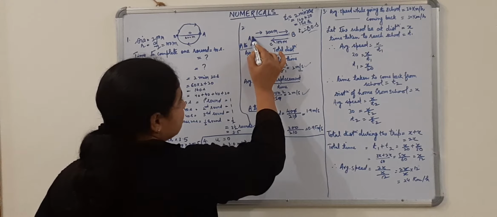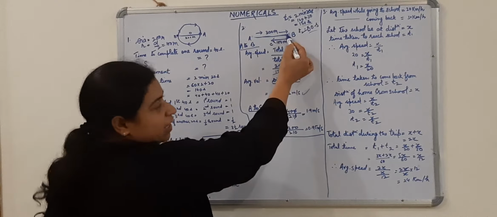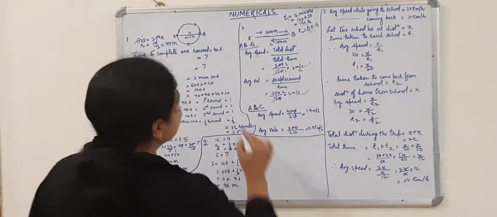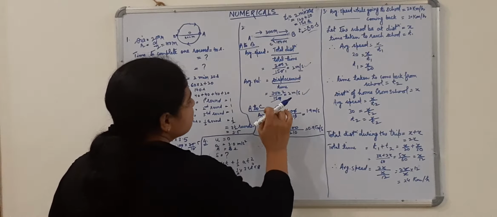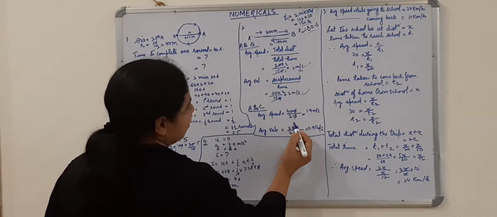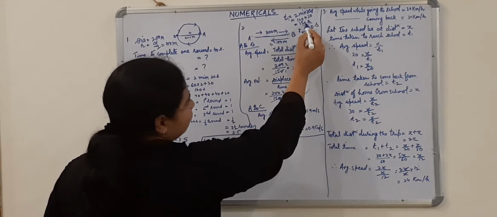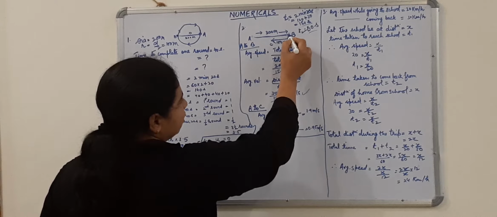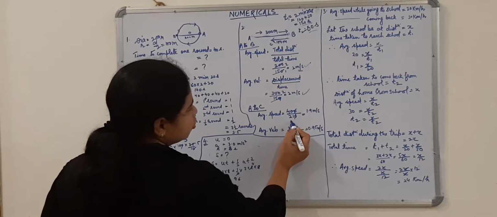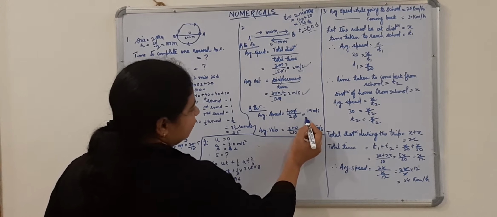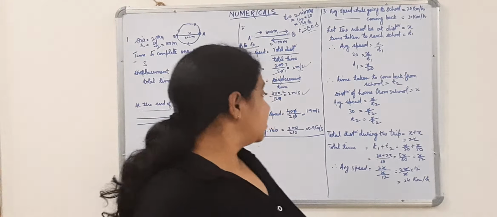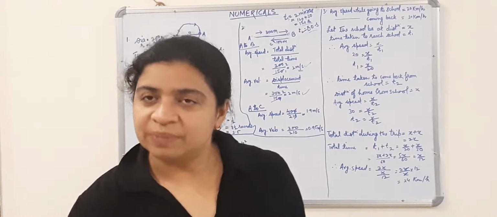It started from A, gone to B, and then started moving back to C. So in this whole exercise, what is the total distance? 300 plus 100, that is 400, and time taken 150 already, and for this 100 meters 60 seconds more, that is 210. Therefore average speed is equal to 400 upon 210, that is 1.9 meters per second.